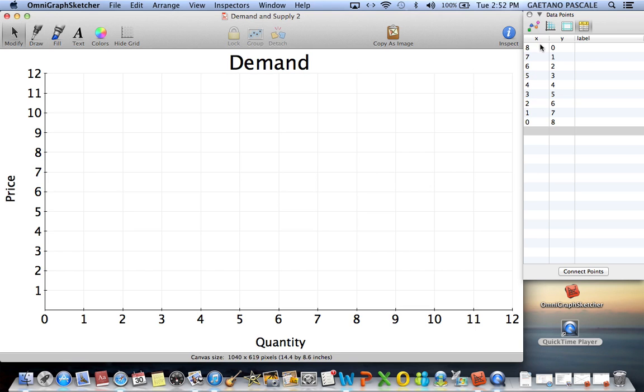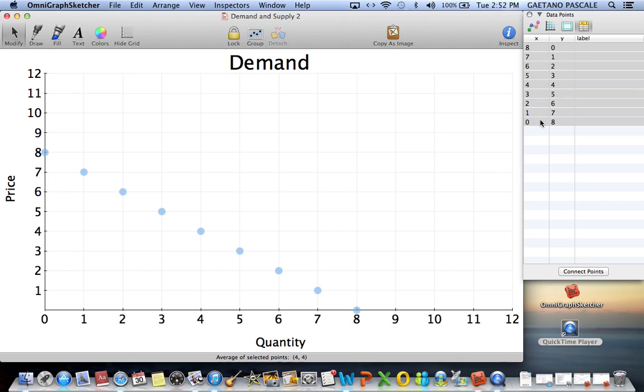So the data that we see here, this data for price and quantity, is the demand schedule. So you can think of the demand schedule as price-quantity combinations listing out at different prices what people wish to purchase.